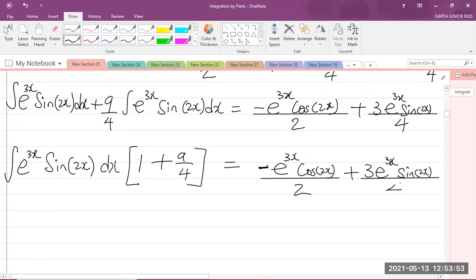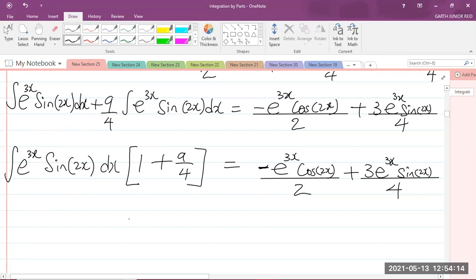Okay, good. So what can I do now? So let us now find 1 plus 9 over 4. Now 1 plus 9 over 4 is going to be 13 over 4. Okay, so I can put the 13 over 4 in front of the integral here.